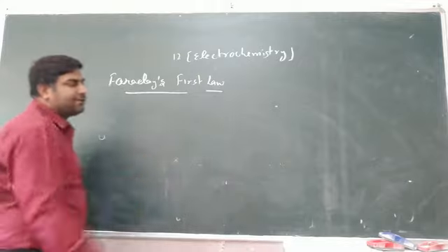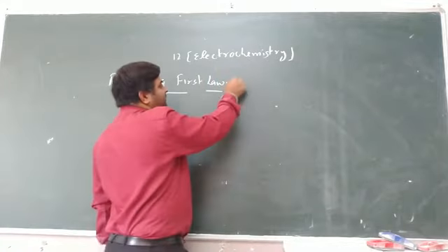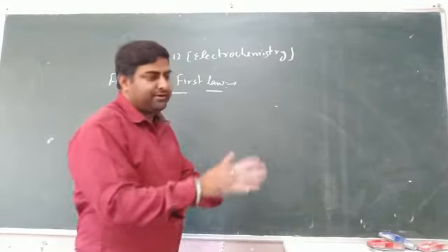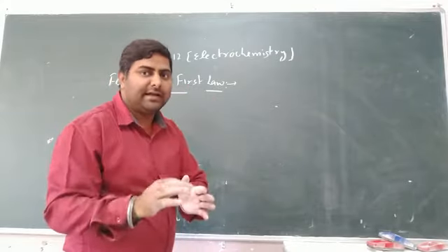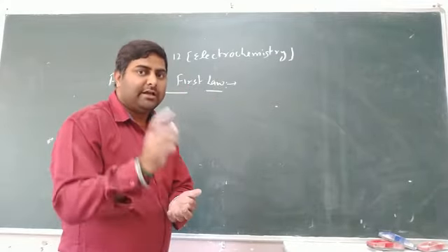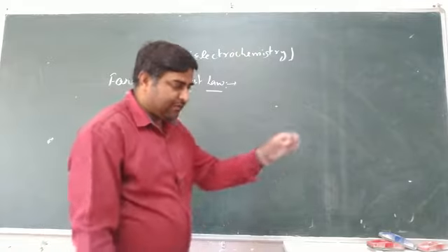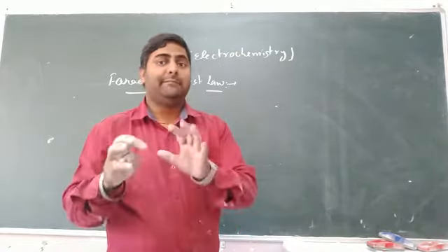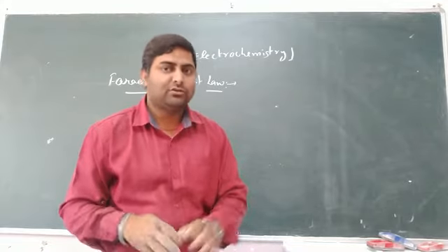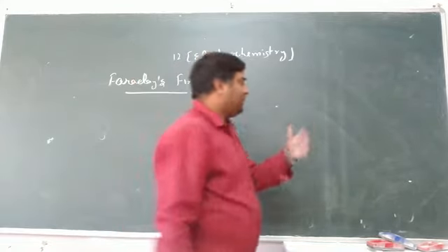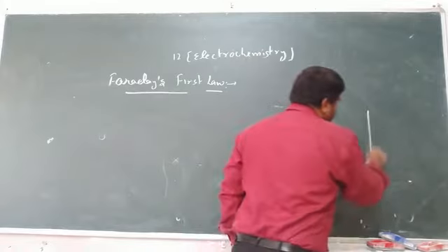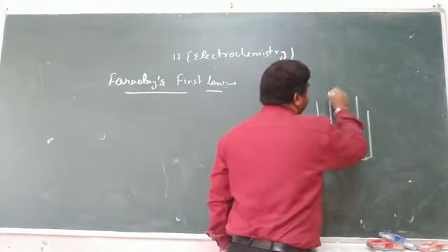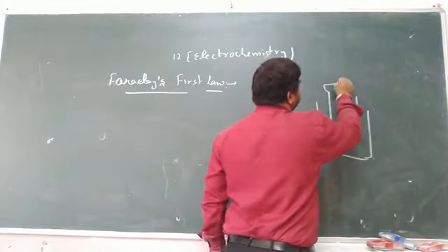Faraday's first law simply states the amount of the substance liberated or deposited at the respective electrodes is directly proportional to the amount of charge flowing through the circuit, or the amount of electricity passed through the circuit. We know when we did the electrolysis process, we have cathode and anode.